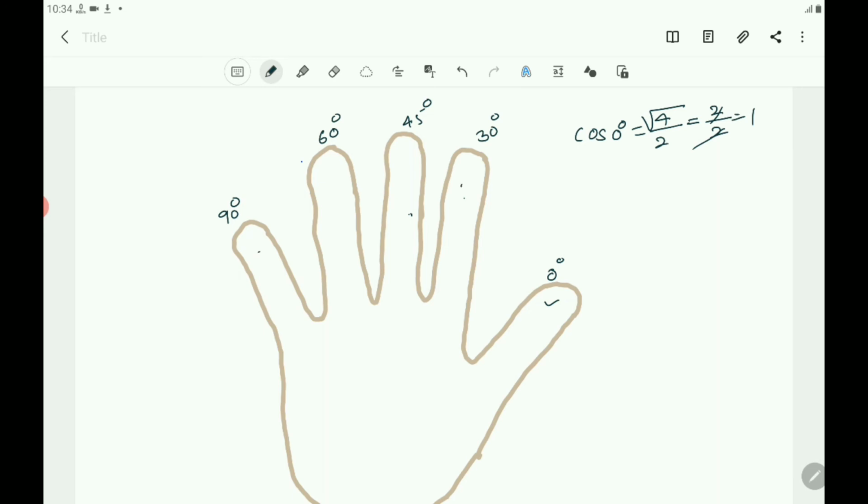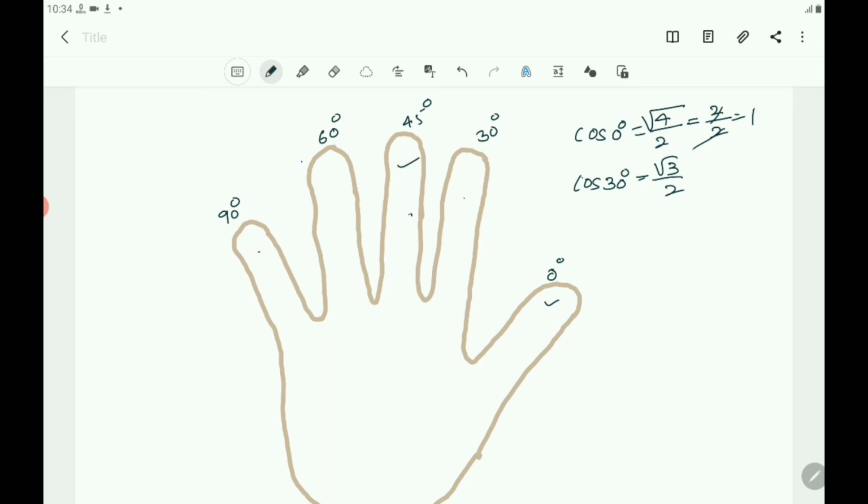Next, for cos 30 degree. For cos 30 degree, here there are 3 fingers. 1, 2, 3. So you take root 3 by 2. Cos 30 degree is root 3 by 2. Next, cos 45 degree.